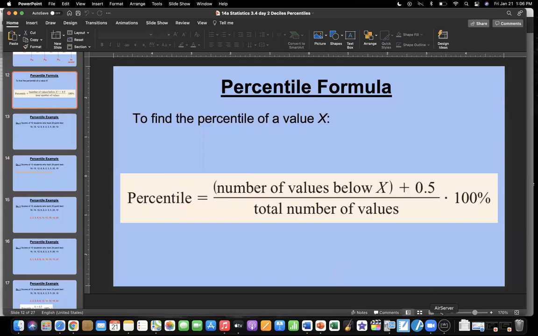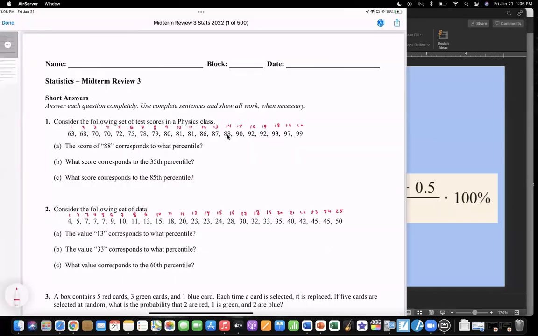So going back to this one, 88 is here. As you can see, there are 13 values below it, right? So take 13, add on 0.5, and then divide by the 20 values total. And then we multiply by 100.